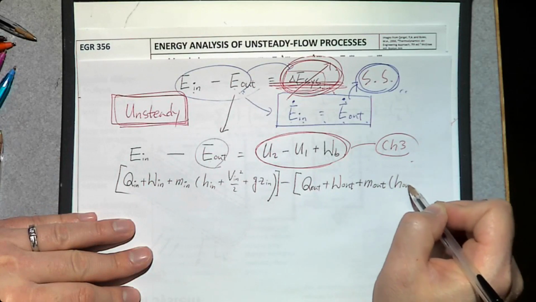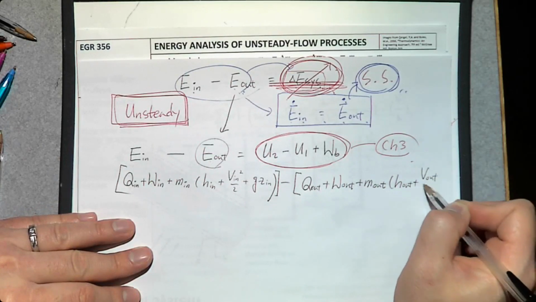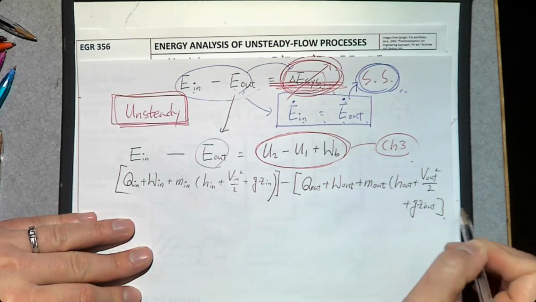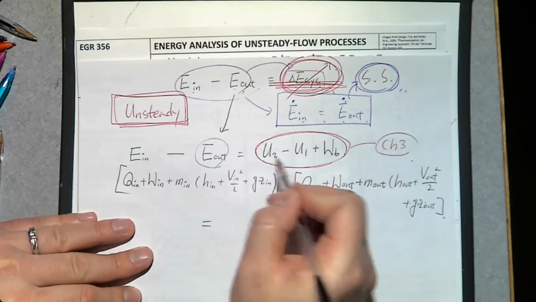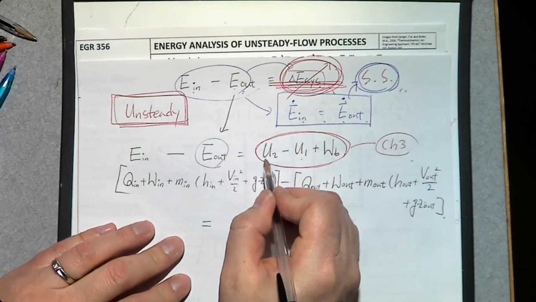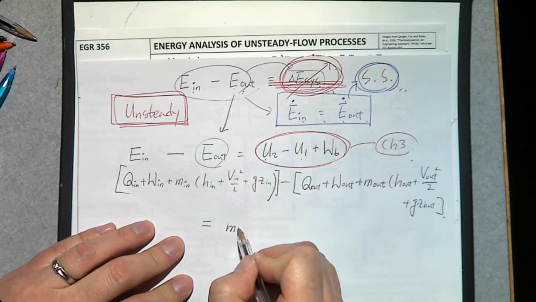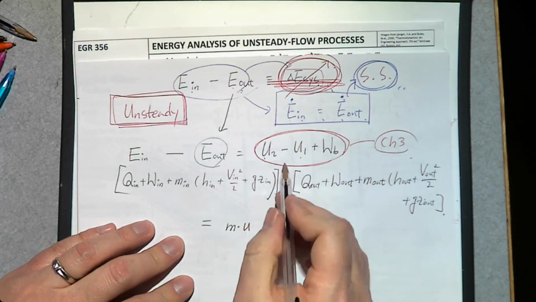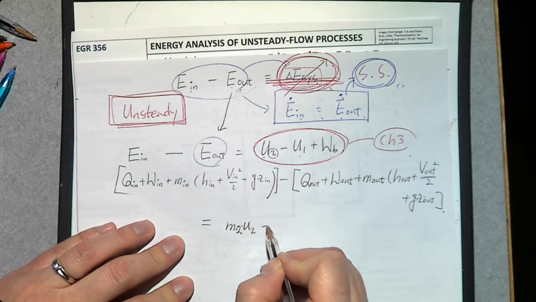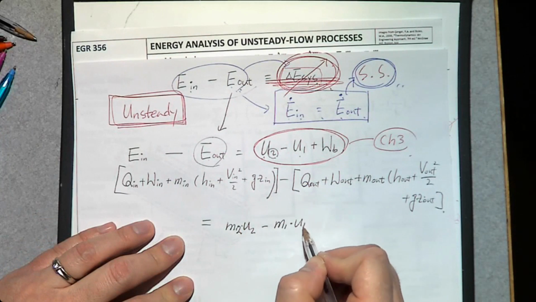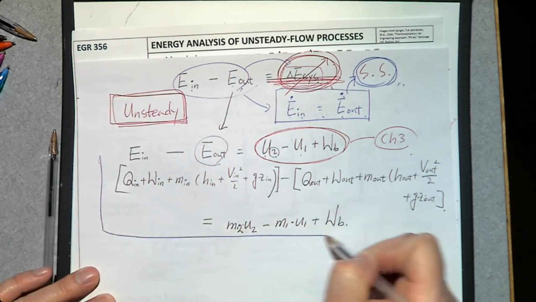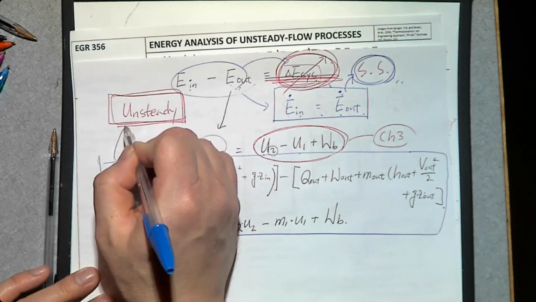This one has enthalpy, kinetic energy, and potential energy. This is the same as U2 minus U1. If we use specific internal energy lowercase u instead of capital U, you can say mass times lowercase u. Since it is the final state, we are going to say M2 times u2 minus M1 times u1 plus moving boundary work. So this is the energy balance equation for an unsteady flow process.